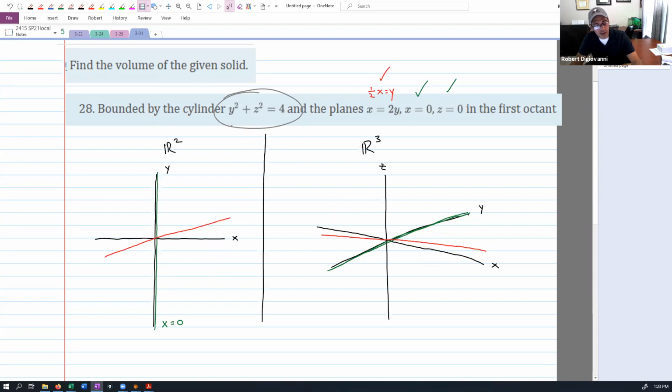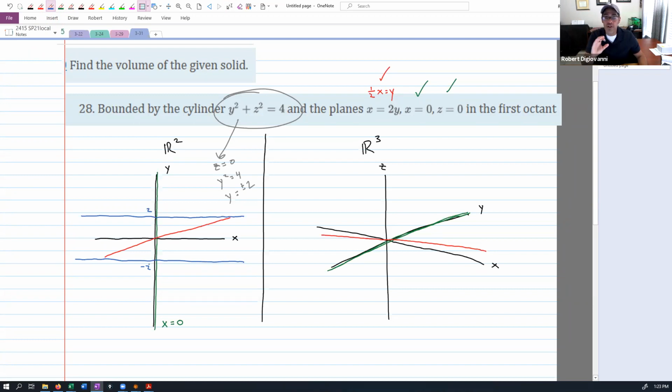Now, really what we're saying is if we want to see this, just let z be 0. If z is 0, then you get y squared is 4, and that means y is plus or minus 2. And that gives us 2 new boundaries to look at. Here's up here at 2, and here's down here at negative 2.